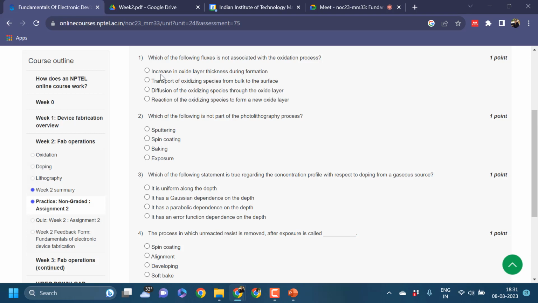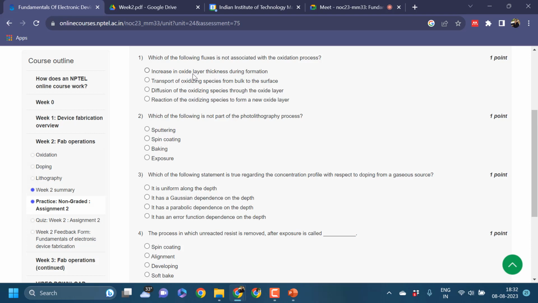Can you say why? Yeah, it's not associated with flux. It is the final result, right? They are asking what is happening during the process.